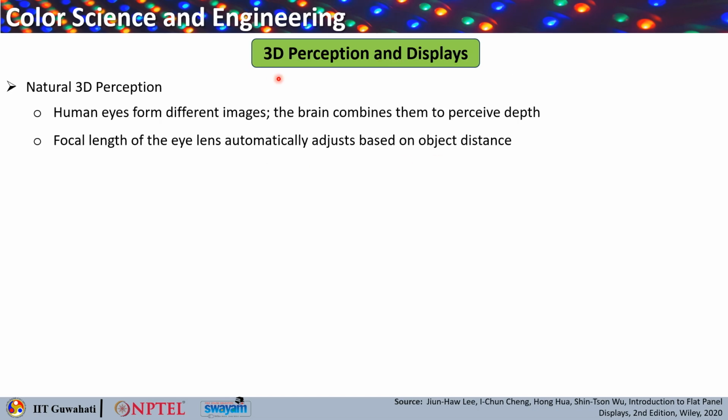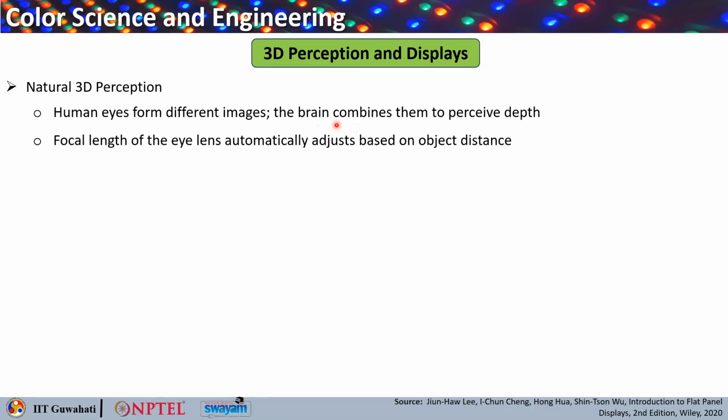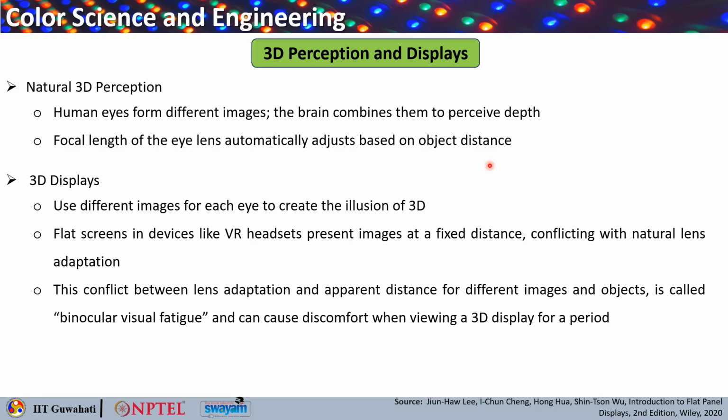And now, let us look into the final thing for this lecture, that is 3D perception and displays. So, what is natural 3D perception? We understood that human eyes form different images and the brain combines them to perceive depth, and the focal length of the eye lens is automatically adjusted by the ciliary muscles based on the object distance.